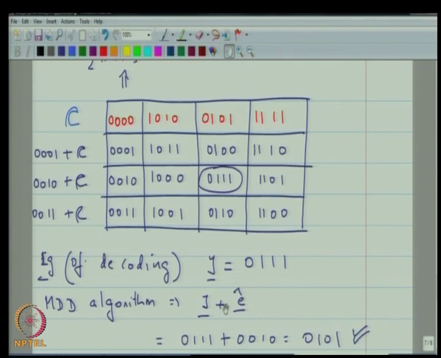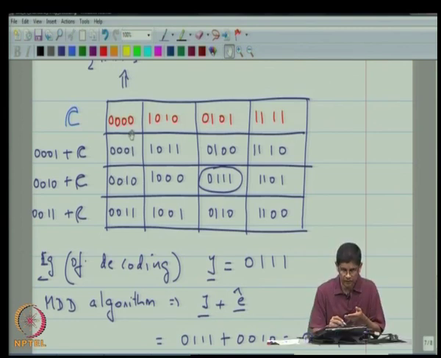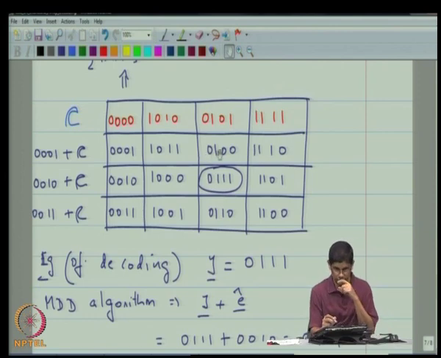So if I could somehow identify from y the coset to which it belongs, then I can directly figure out what this e hat is, because in some sense if you look down this table, the set of possible e hats occur in this table. So it is just a matter of determining. So decoding, or minimum distance decoding, is just a matter of finding out which coset y belongs to and adding the corresponding coset leader. Again, just to emphasize, the way this table is set up is such that every entry here is the sum of the row header and the column header. That is how we set it up. Okay, that is important.